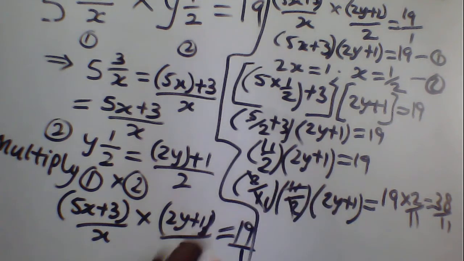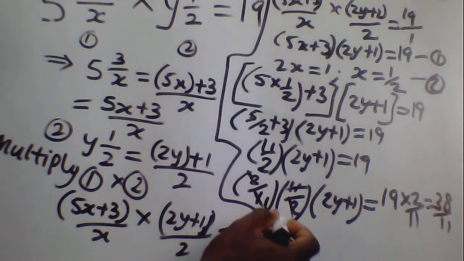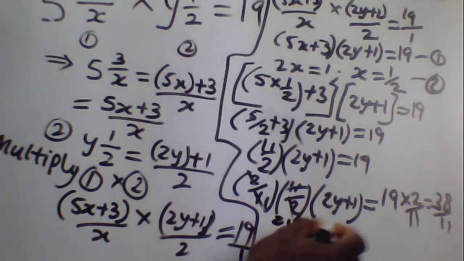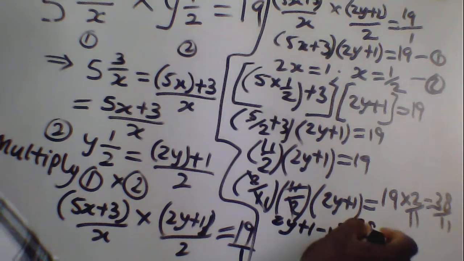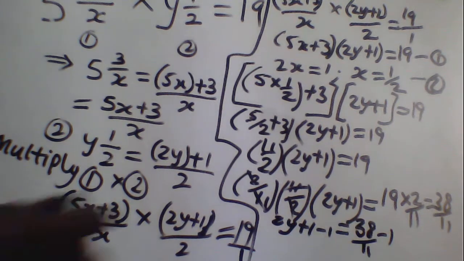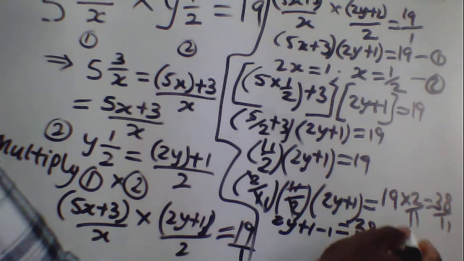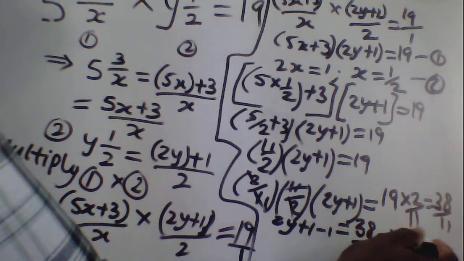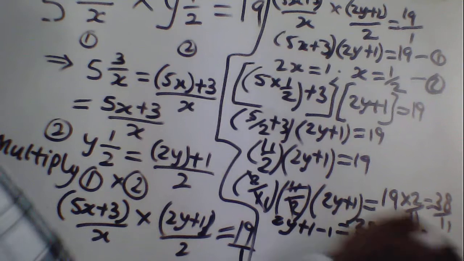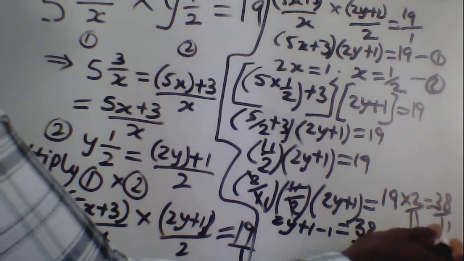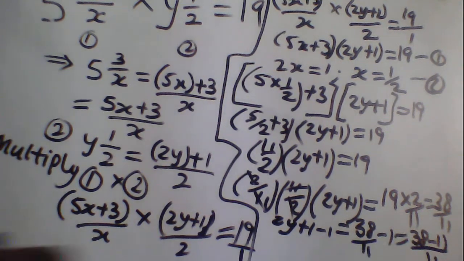So subtract 1 from both sides. We have 2y plus 1 minus 1 is equal to 38 over 11 minus 1. I hope you are following. From here we have 38 minus 1 times 11 will give us 11 over 11.